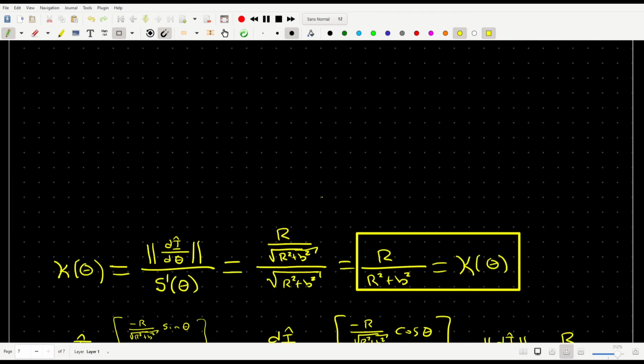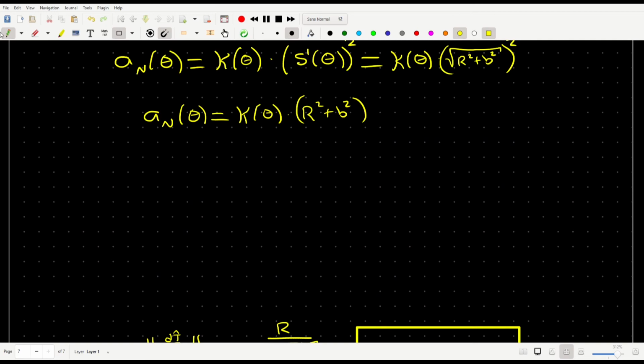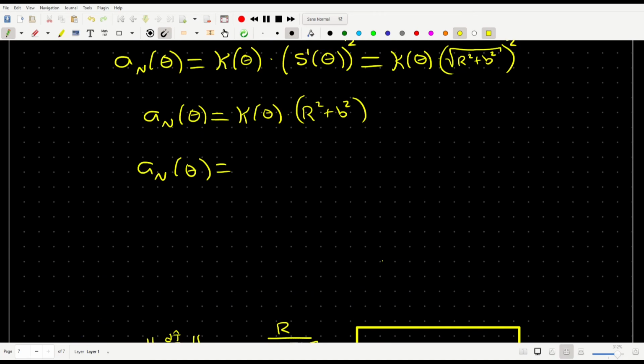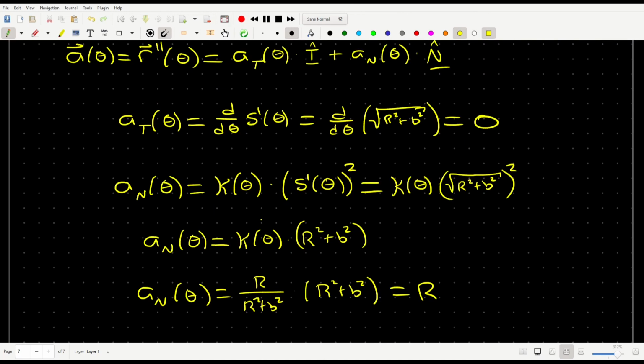Not only that, but if we plug this into our normal acceleration formula, we get that a_N of theta is going to be r over r squared plus b squared times r squared plus b squared, or just r. So the normal component of acceleration is constant.